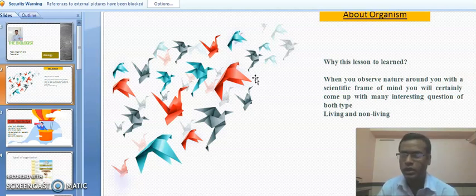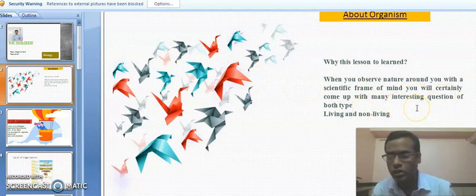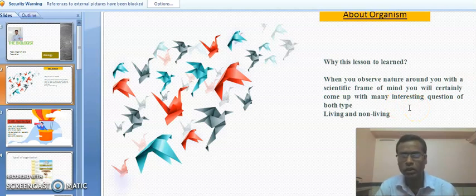When you observe nature around you with a scientific frame of mind, you will certainly come up with very many interesting questions of both types, like the living and non-living.